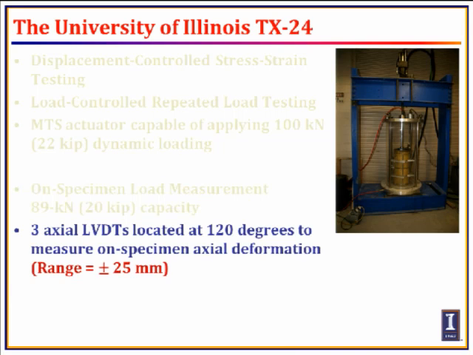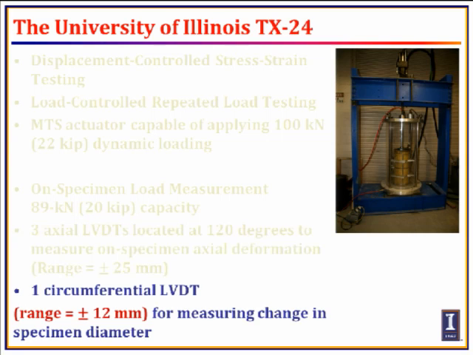The whole test setup has 3 axial LVDTs to measure the vertical deflection experienced by the specimen, and the range is plus or minus 25 millimeter. We also have a circumferential LVDT to measure the volumetric strain, the change in the specimen diameter.